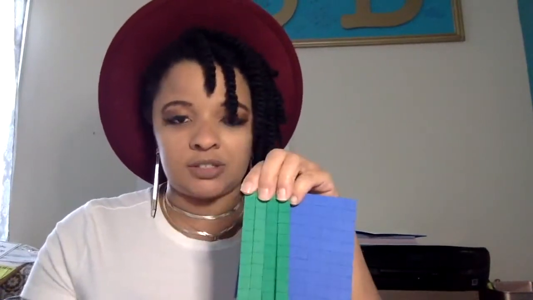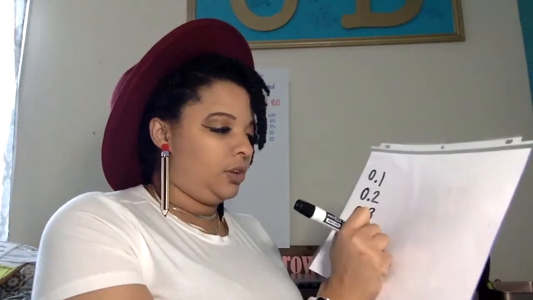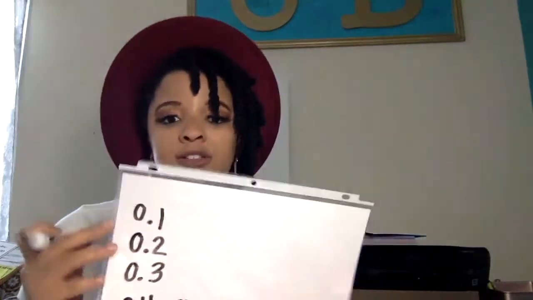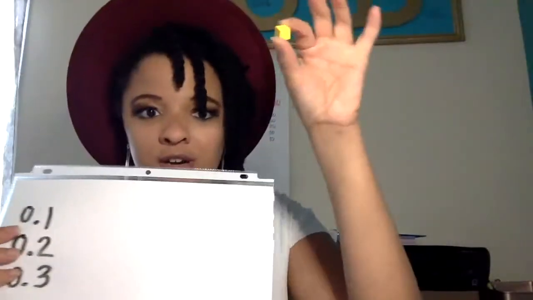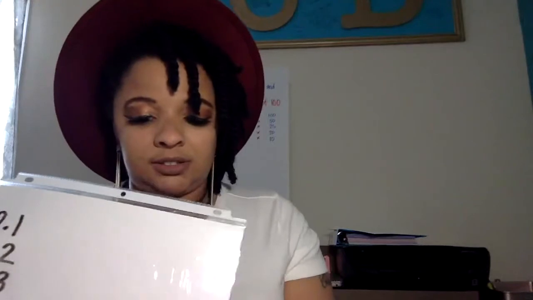How many of this would that be equal to? We already said that that's 4/10. So 4/10 then we know is equal to 40 hundredths, because our little units are called hundredths when we're referring to decimals, and this is our whole.